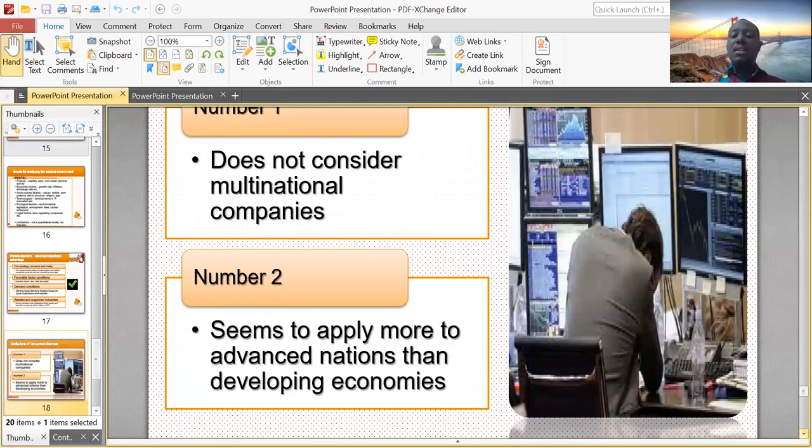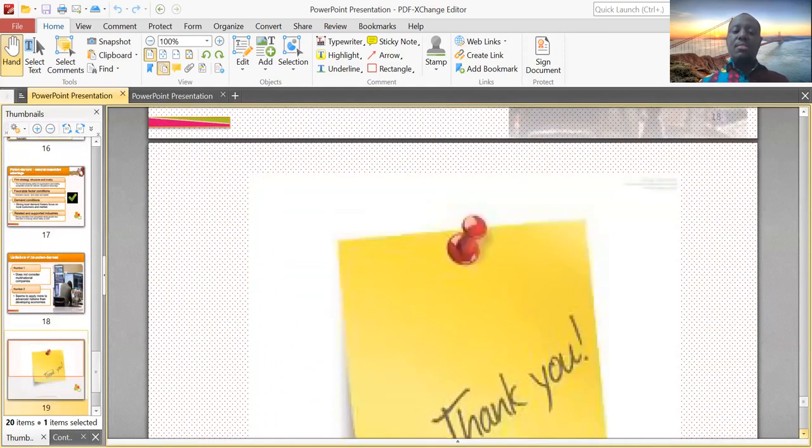The second thing is that it seems to apply more to advanced nations than developing economies, because in developing economies, businesses are not too strong, they are not too structured. And so it seems that it applies more to advanced nations where systems work and where things are working properly. So that's something just to understand.